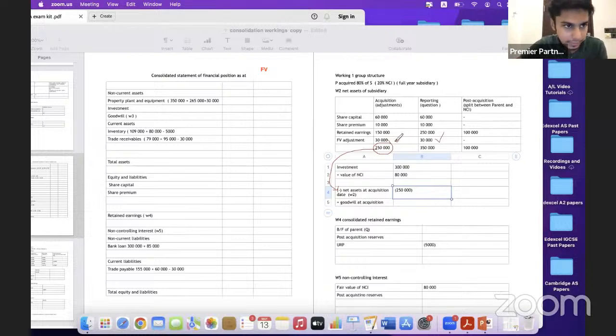Now, when you mark it here, that answer is inside this 250. No? Do you agree with that part? This 30 is inside this 250. Understandable? No? This 250 now goes inside goodwill, but as a minus value. Goodwill is an asset.